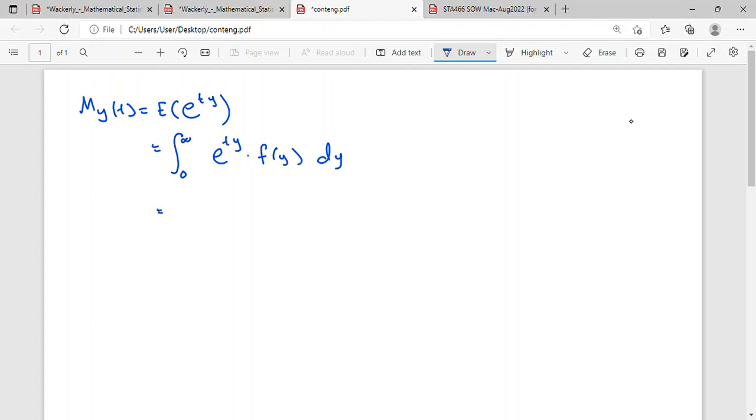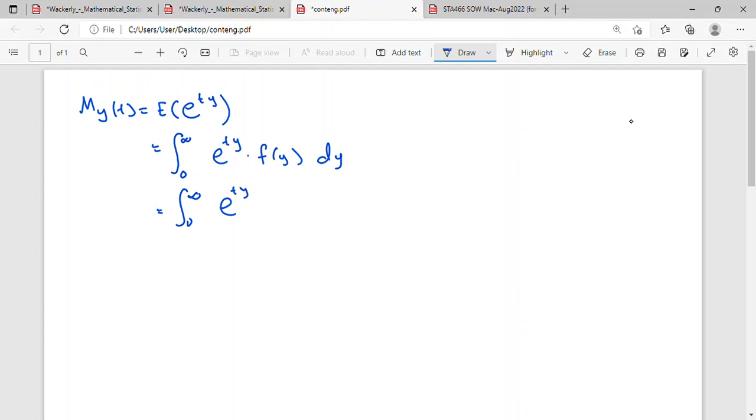We need to use the mathematical expectation juga. Mathematical expectation. Okay, MGF equal to expected of e^(ty), which is we need to integrate e^(ty) multiply dengan f(y) with respect to y from 0 to infinity, because of the interval untuk gamma adalah from 0 to infinity.